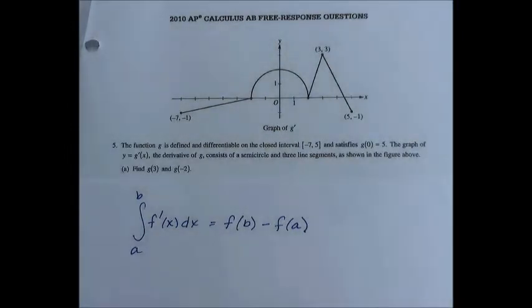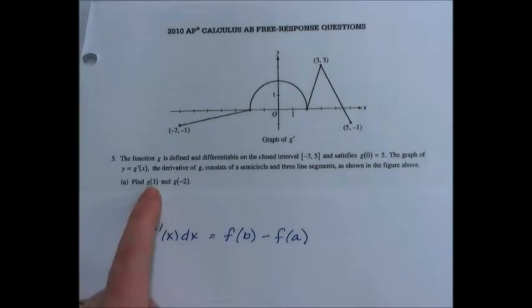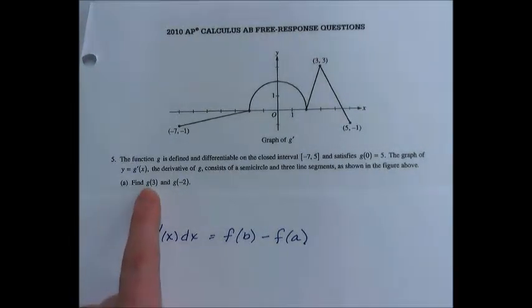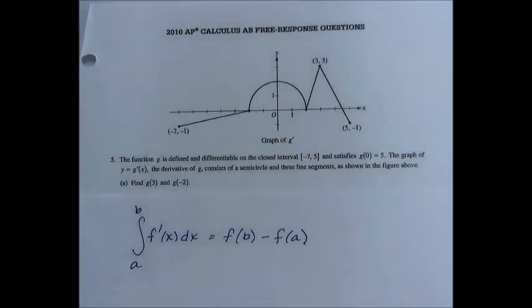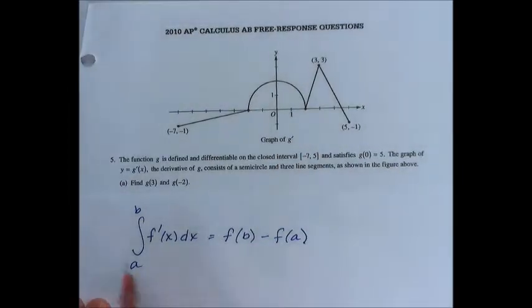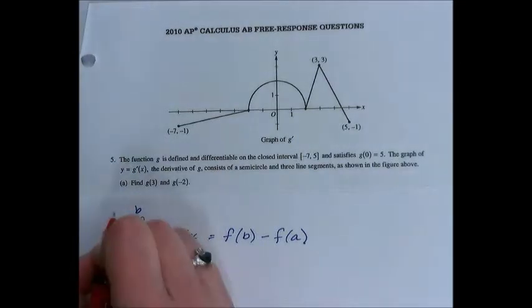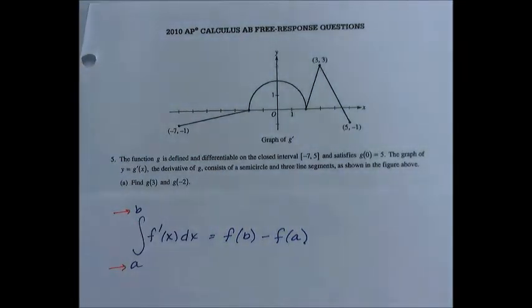So what I want you to think about as you're finding g of 3 and g of negative 2: you're being asked to find g of 3. Let's start with that one. You have information on g prime. You have to integrate. You want to think about what limits you can put in for A and B. Now again, think about g of 3 first.